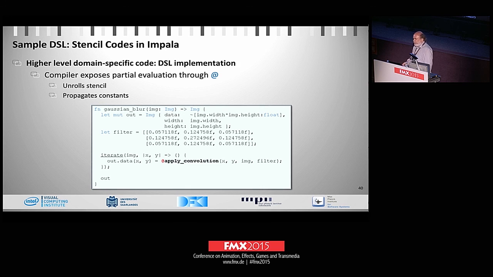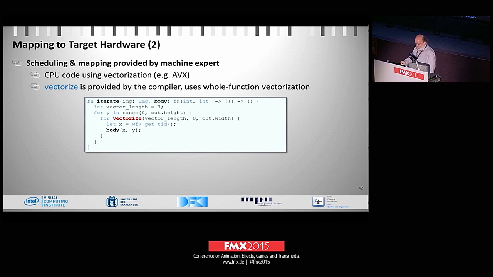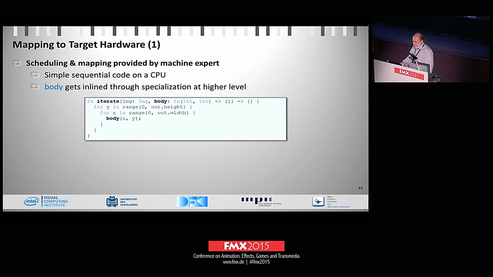But the key thing now is this iterate, because that is where a lot of the mapping to hardware actually happens. So here's the trivial implementation of iterate in a sequential way on a CPU, let's say. You're getting the image, you're getting this lambda function that implements what you should do per pixel, and you sequentially iterate over all the pixels, and you call this lambda function.